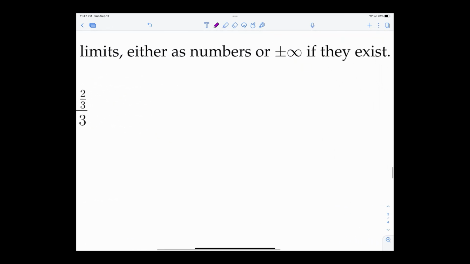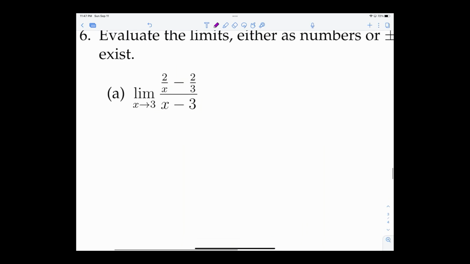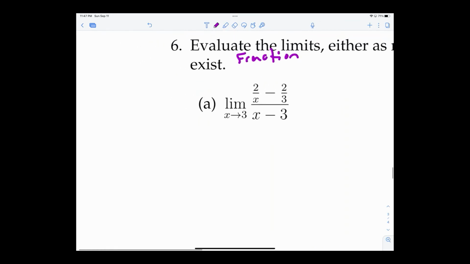Evaluate the limit either as numbers or plus or minus infinity. Okay, so these are fraction type, right? At least this one is. So fraction type. So what we do is we look for the common denominator. So on this one, the common denominator is 3x, right?